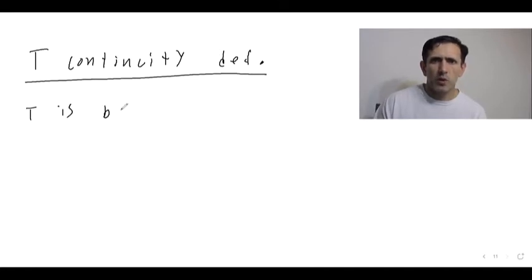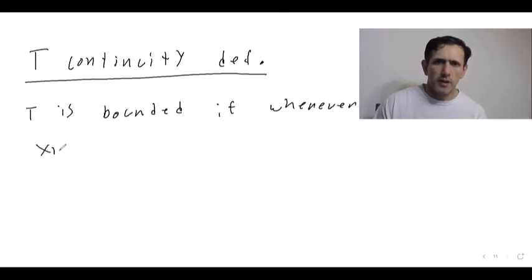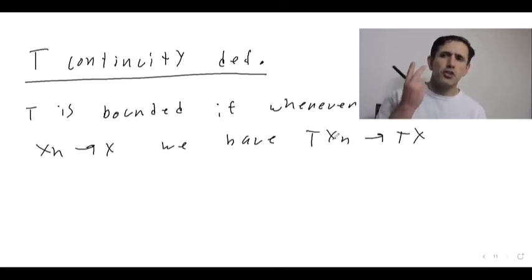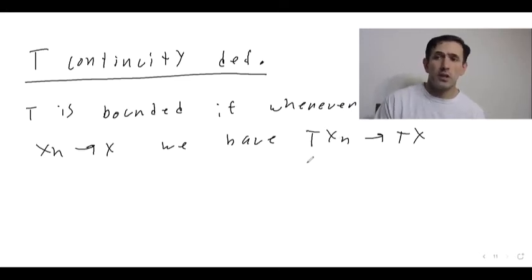Well, we know bounded is equivalent to continuity, so T is bounded if whenever xn converges to x, we have Txn converges to Tx. So again, this is really saying two things. It's saying, first and foremost, Txn converges. And it converges to Tx. It doesn't just converge to something, any old little y in big Y, it's got to be Tx.